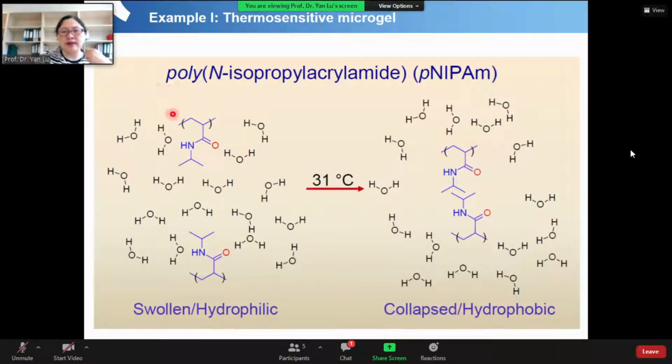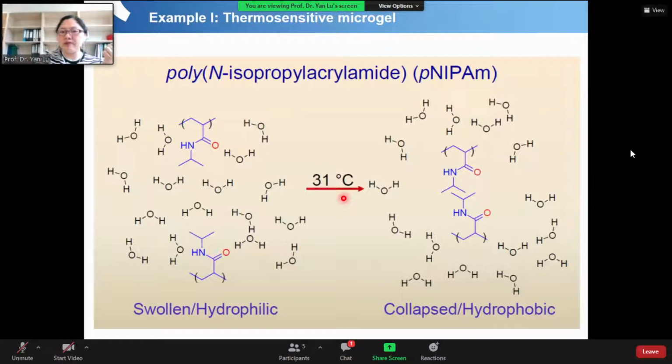So I just give you one example of how the interaction of the polymer chains will change if we change the stimulus, in this case the temperature.